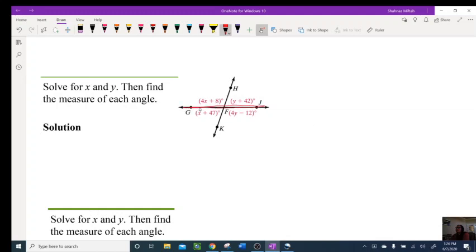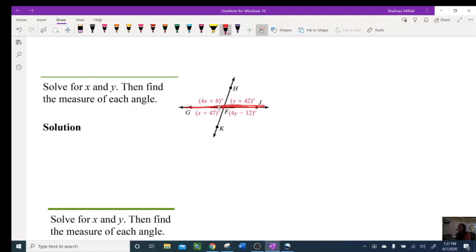And they are adjacent, right? They are using one common ray and sharing this vertex. And also their other rays are in opposite directions.